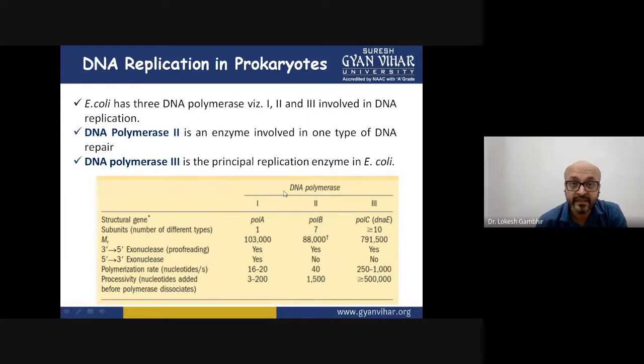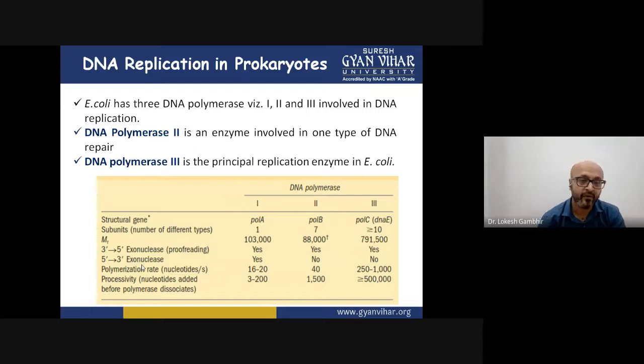Among these three, Pol 1 specifically has another kind of activity called 5' to 3' exonuclease. Now, what is 5' to 3'? Simultaneously, as the DNA is being synthesized, it is also being scanned, and that simultaneous scanning is the function of DNA Pol 1.